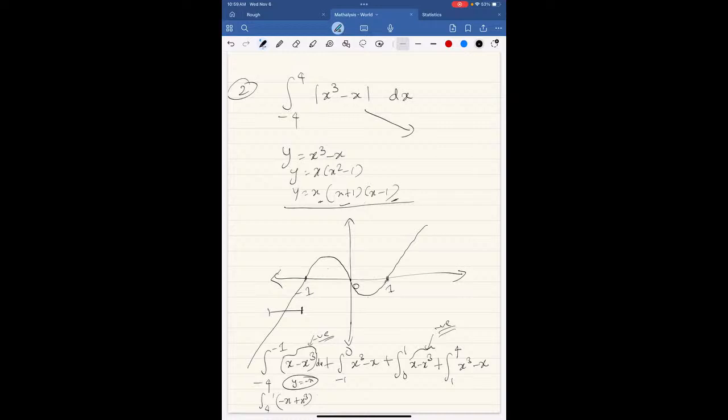And then dy will be minus dx, right? Now if I'm just trying to change x to minus x itself, this will be minus dx, right? Over here, if I change x to minus x, this will go from 1 to 0 of minus x cube plus x. Here will be minus dx, right? And over here I will not change these things.